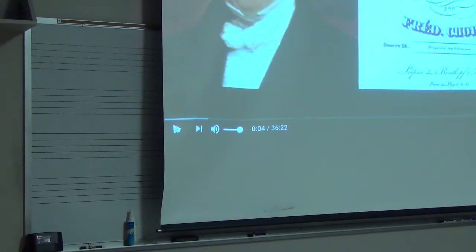Then from A minor he goes to G major to E minor, so he goes around the circle of fifths with their relative minors. Does that make sense? So Chopin also did two other, well, he did a lot of piano works, but two other of the collections are of the etudes.